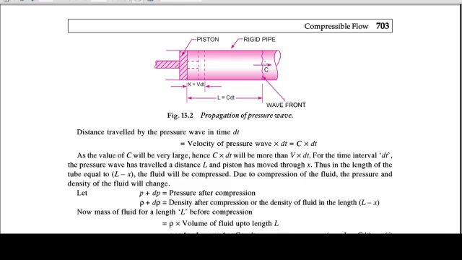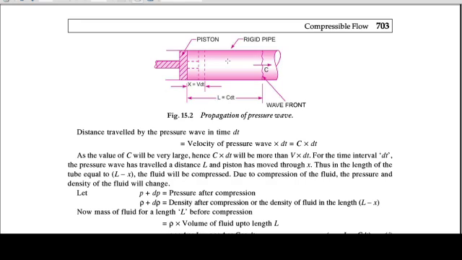The velocity of the pressure wave is indicated by c. So the distance traveled by the pressure wave in the time dt is equal to c into dt, which is indicated by the capital L. That is, L is equal to c into dt.